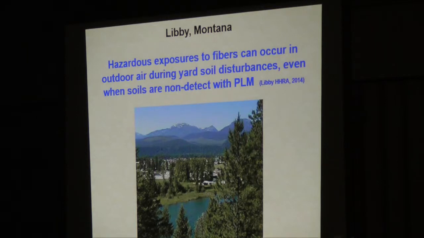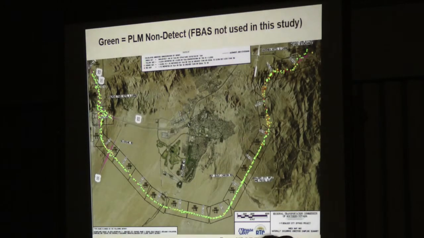And look at those soils, they've got grass, it's different than here. Next. Here are the results from the highway, and all of the green color tested as non-detect with PLM. So don't think that means that there's no asbestos there. It just means that the polarizing light microscope didn't see it.